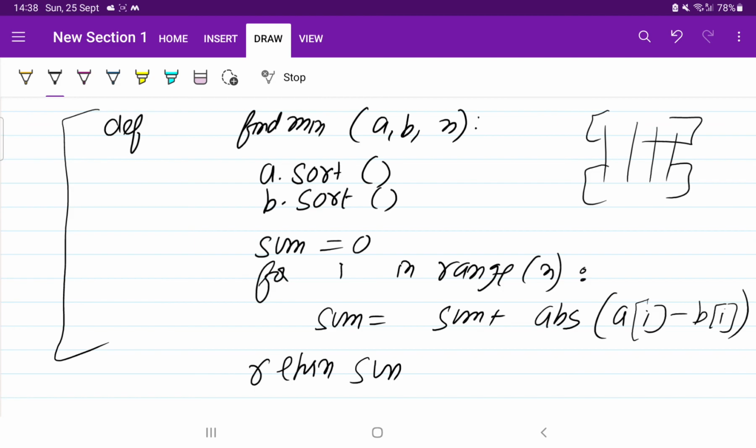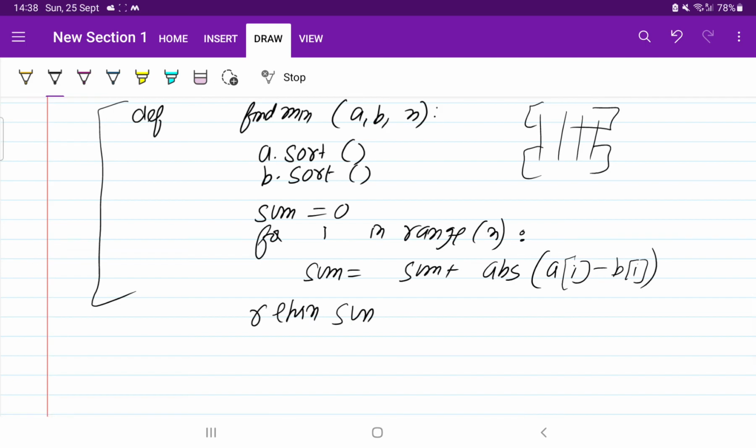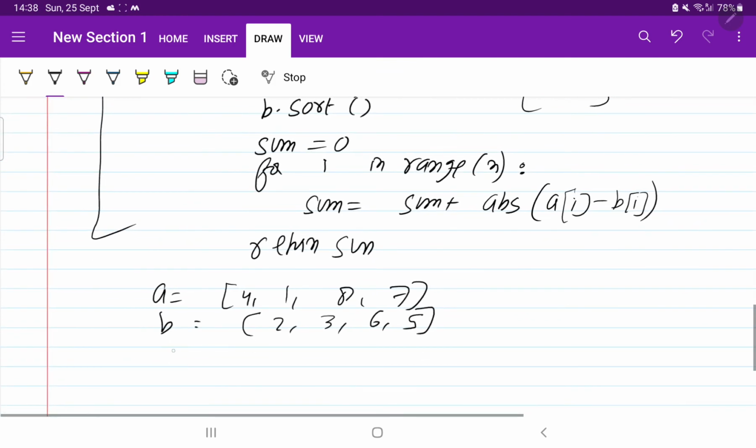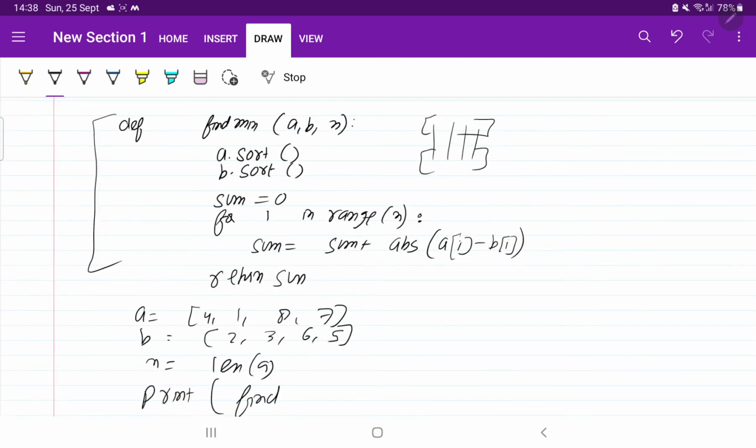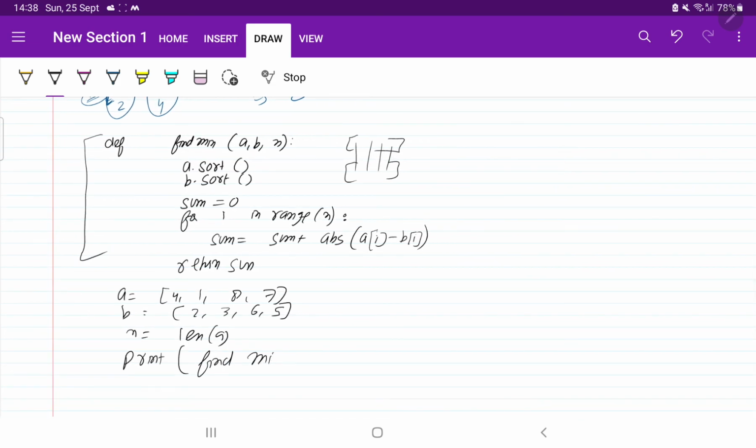Okay, so this was the function, and if you want to know how to call the function, you can write like this: a is 1, 4, 8, 7, b is 2, 3, 6 and 5, and n is the length of a. Then in print I call the function we have written, findMinimum, by passing a, b and n. It will give us the minimum sum.